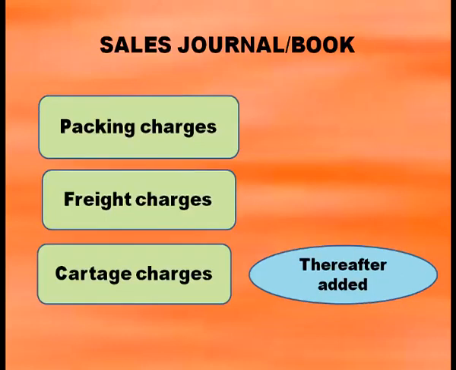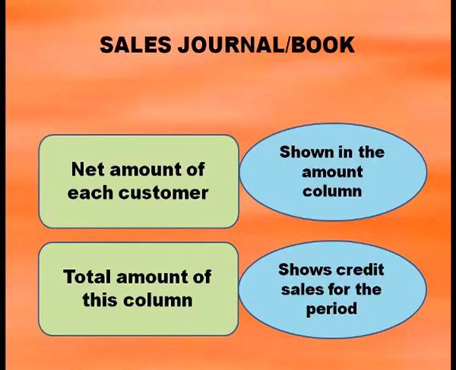If packing charges, freight charges or cartage charges are given, they should also be added. The net amount of each customer is shown in the amount column. The total of this column shows credit sales for the period.